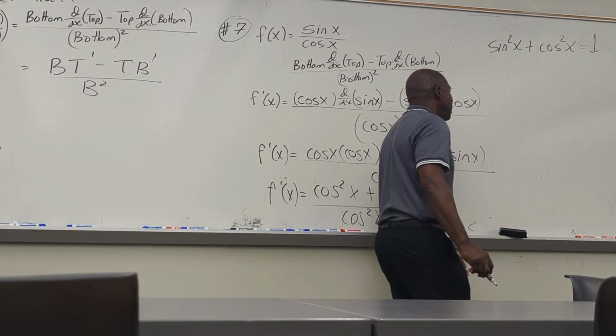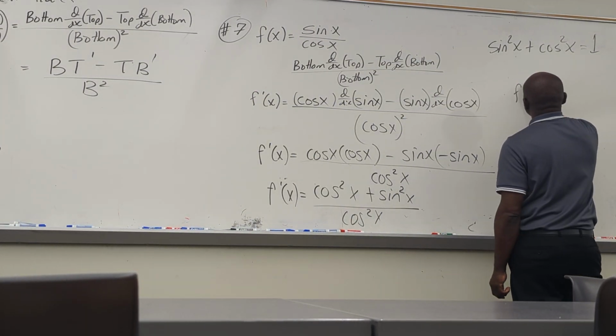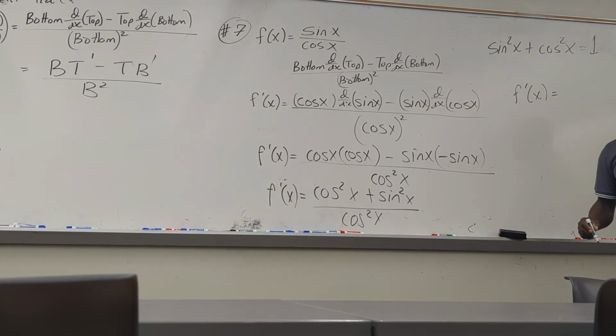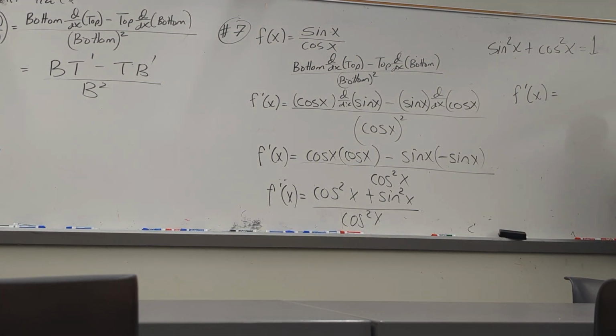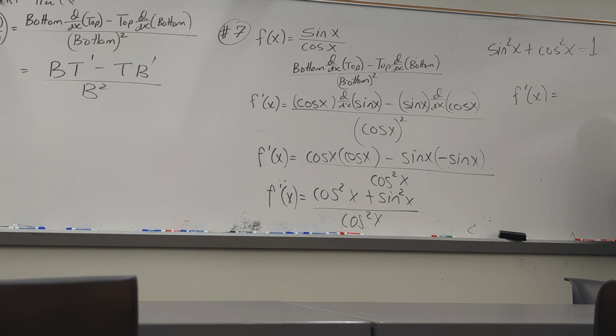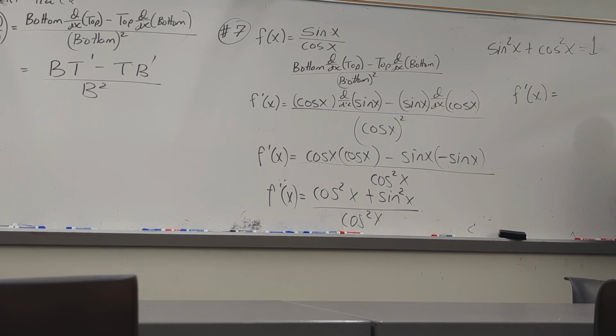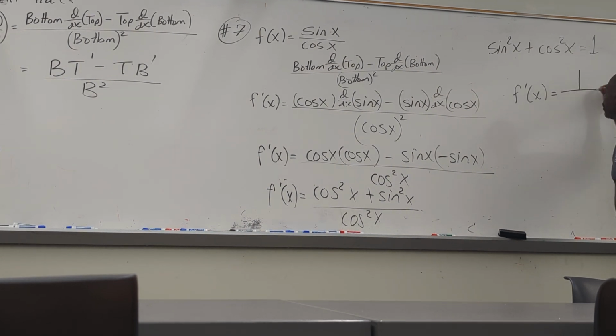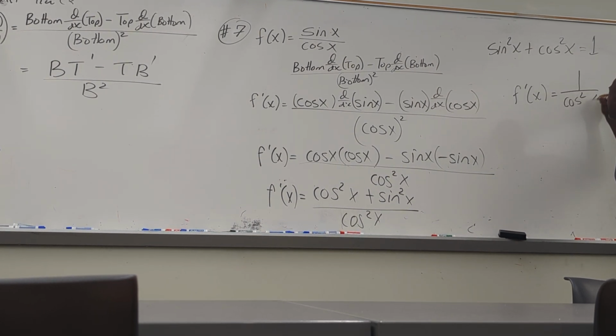Now what do we have now, Miss Lindsay? 1 plus sine squared x. Or no, it's not 1. Well, yeah, it is 1. So now she's seeing this as 1 all over cosine squared x.